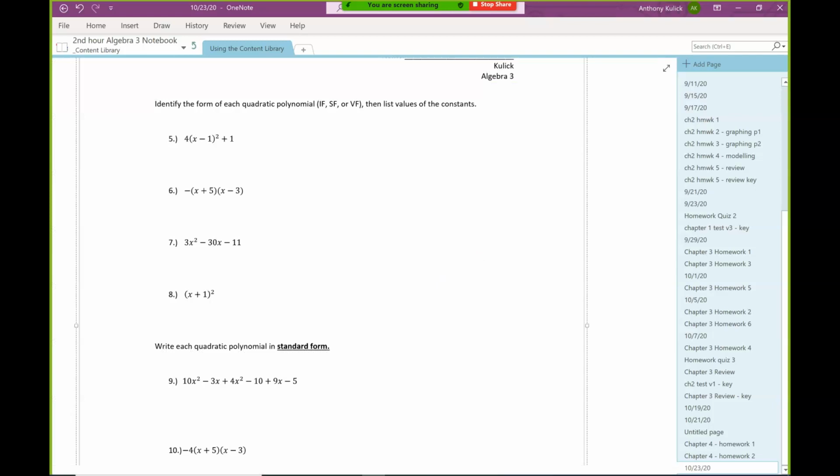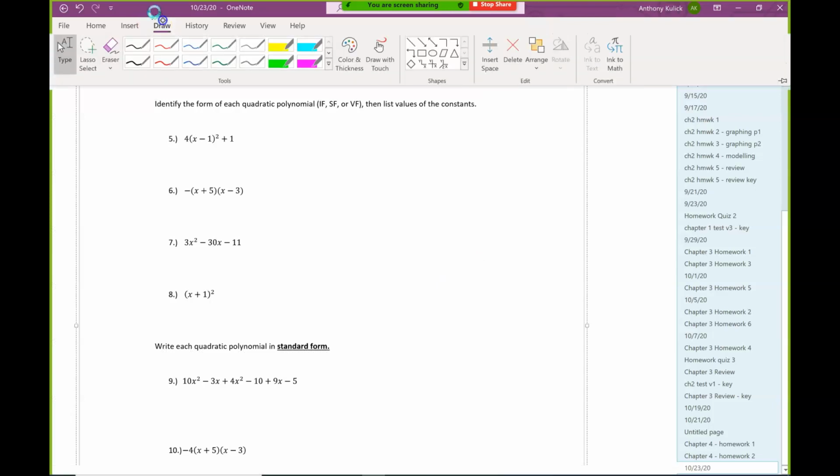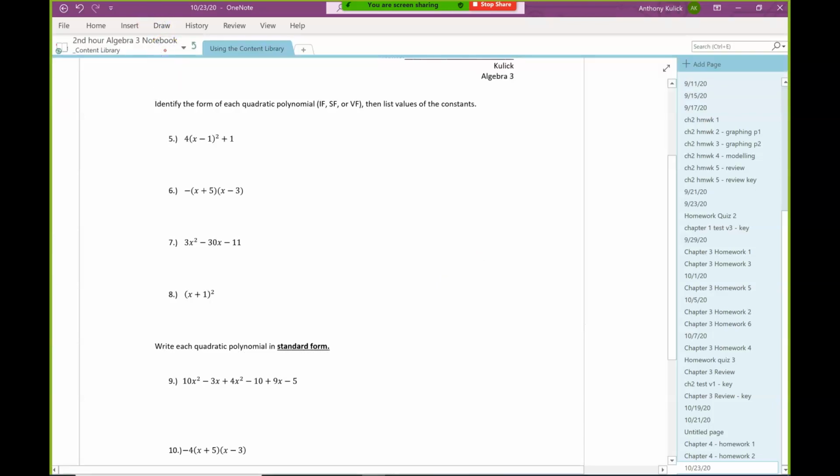Okay, so 8 is actually satisfies 2. This is probably most easily identifiable as vertex form. The leading coefficient is 1 because there's really nothing out front. The h is -1 because we've got to think about the pluses, minus, and negative. And the k is 0 because there's nothing added to the end.